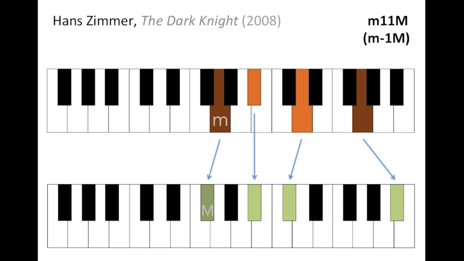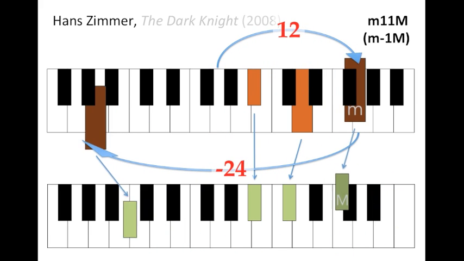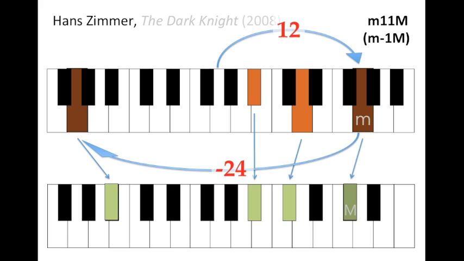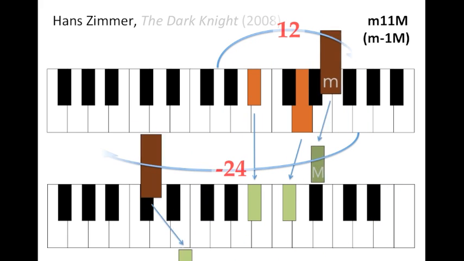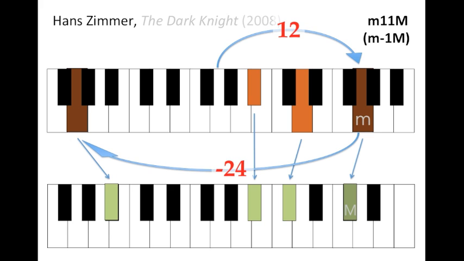Now, let's move the top note in each chord down 24 so it's on the bottom, and move the bottom note in each chord up 12 so that it's on the top. Looks something like this. As long as we move individual notes up or down by a multiple of 12 notes, it will still be a minor 11 major.